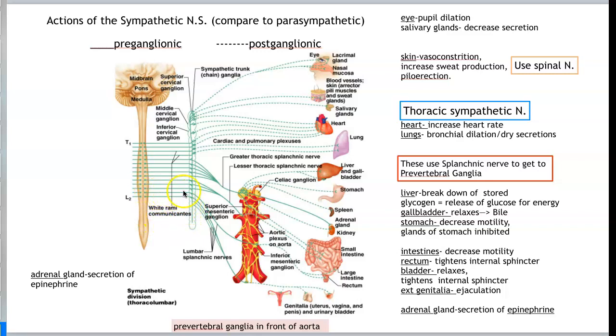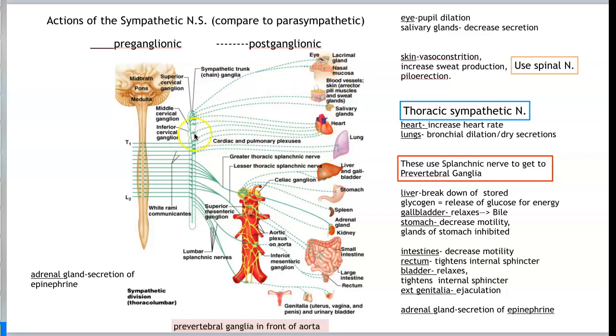So white rami communicans connecting you to the sympathetic chain. No matter where you're going, you got to go on that sympathetic chain. If you're going to the skin structures, you are going to synapse in the sympathetic chain and leave through the gray rami to get to a spinal nerve to take you to the skin structures.